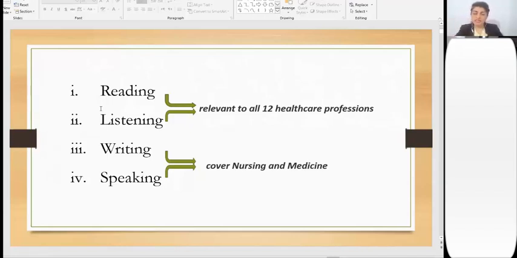Would you please tell us how many sub-skills, sub-tests we have in the OET test? We have 4 sub-tests. And what are they divided into? Reading, listening, writing, and speaking.